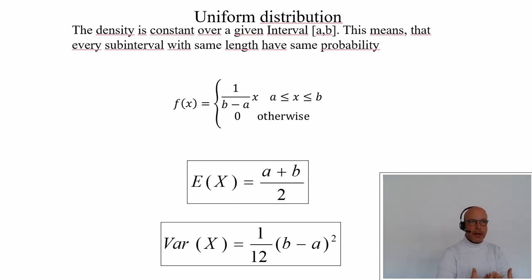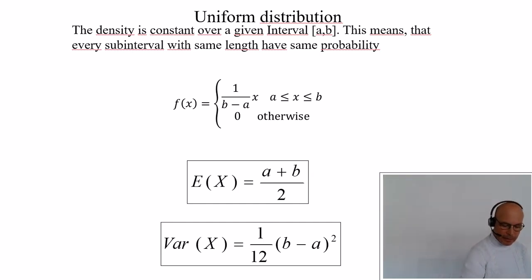Then a reasonable assumption is that in a discrete random experiment with a discrete random variable, every event has the same probability, or here, when we take a continuous random variable, every interval which has the same length has the same probability.